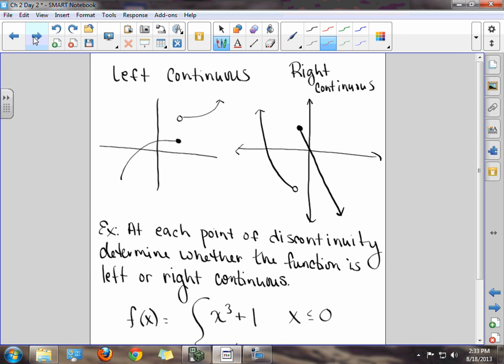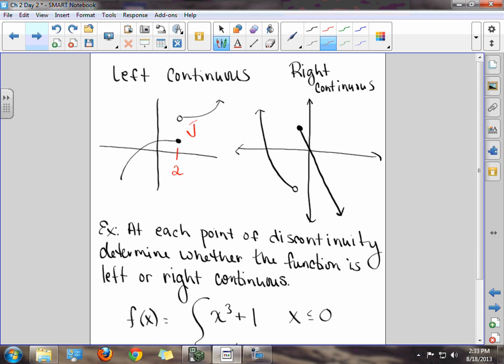So now, when we have a discontinuity, it can be what's called left continuous or it can be right continuous. And what this means is that, say this is 2 right here, then obviously we have a discontinuity at 2.